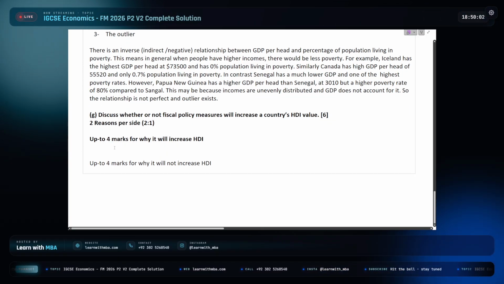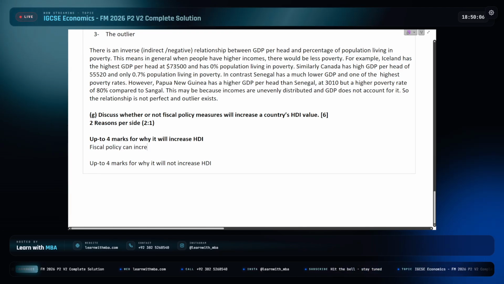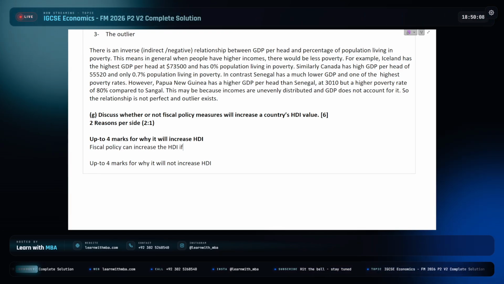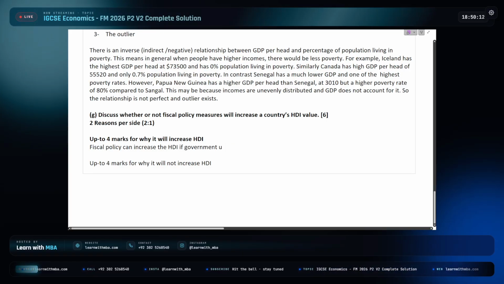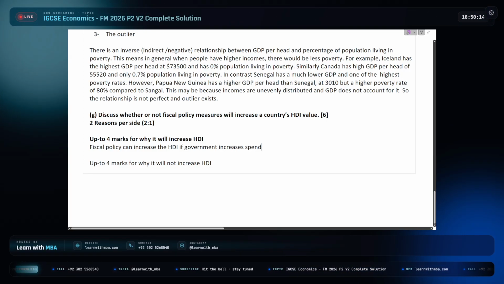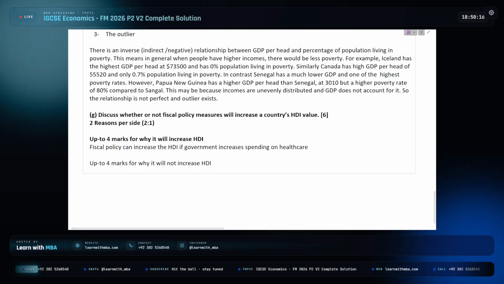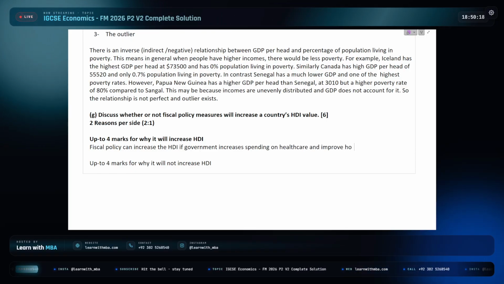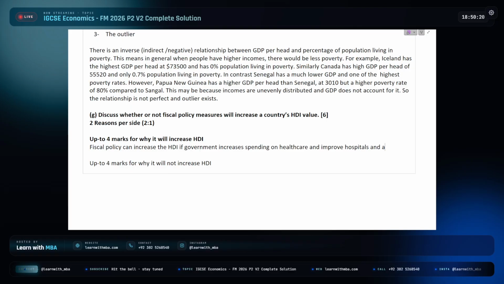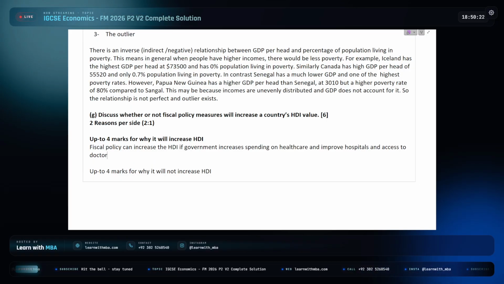Okay. So you can say fiscal policy can increase the HDI if the government increases spending on healthcare and improves hospitals and access to doctors.